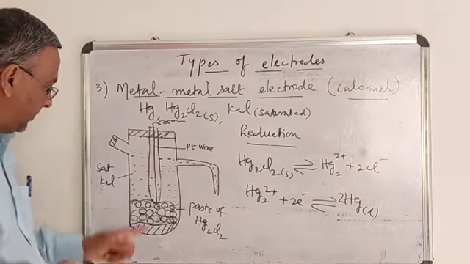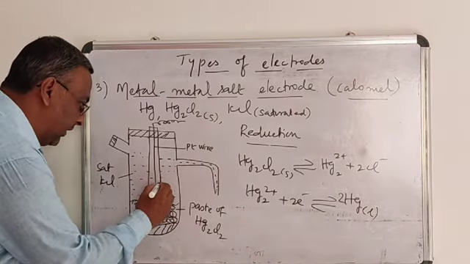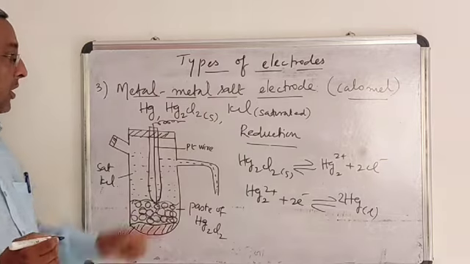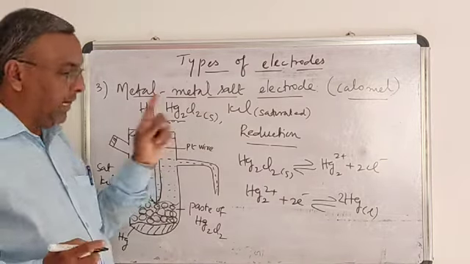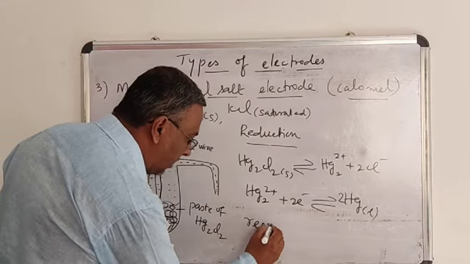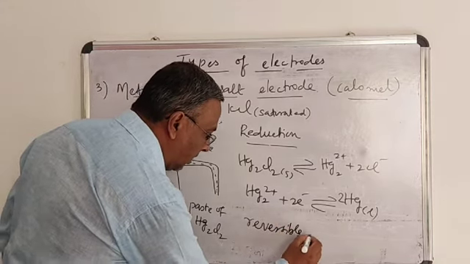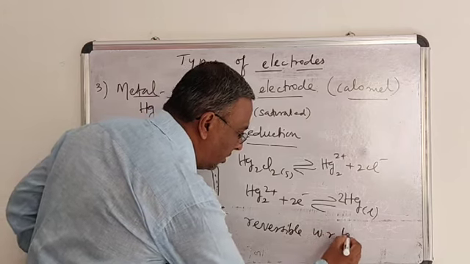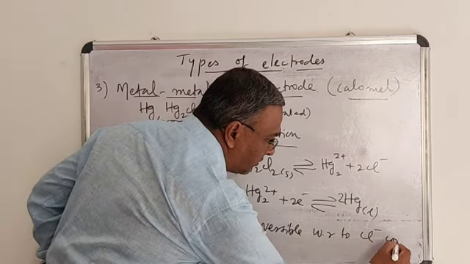So here the concentration of Cl- ions increases. Therefore, the calomel electrode is reversible with respect to Cl- ions.